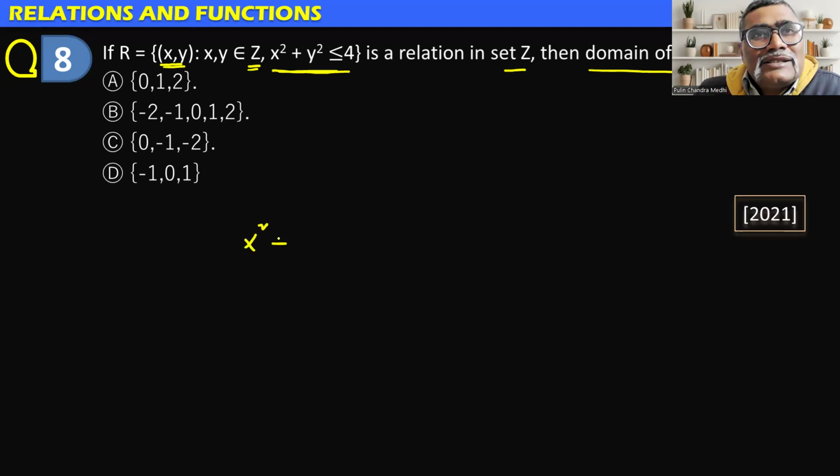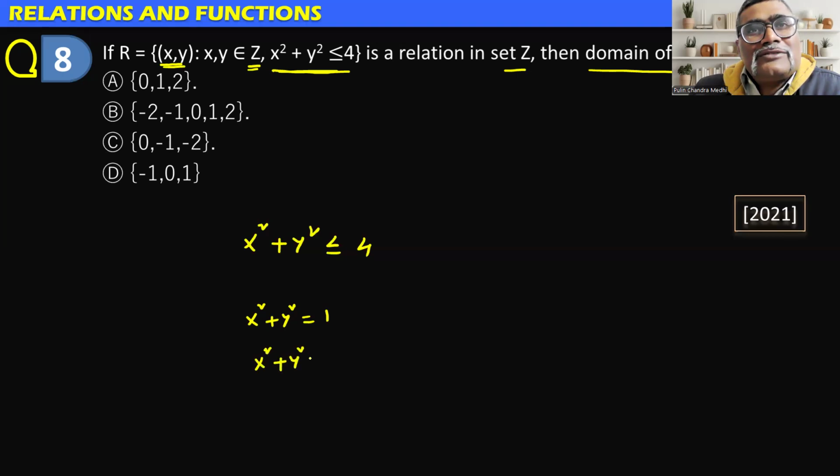Our condition to be satisfied is this less than or equal to 4. Now they are talking about x and y to be integers. Acha, if x and y are integers, what do you think? x² + y² will be integers only. So which particular values you will allow? x² + y² can be 1, right?